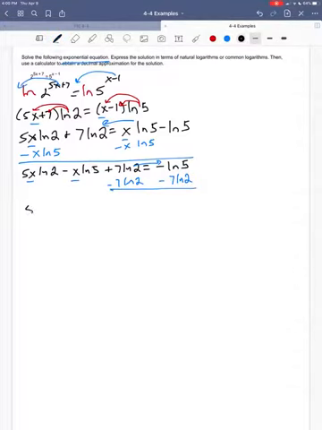So I'm going to have 5x ln 2 minus x ln 5 equals negative ln 5 minus 7 ln 2. The way this trick works now is I'm still keeping track of x I'm trying to solve for, but now all the terms on the left, both terms on the left have an x. That means x is a common factor.